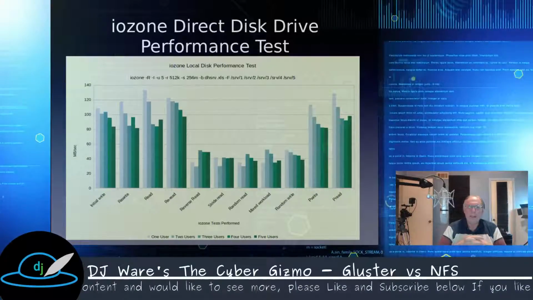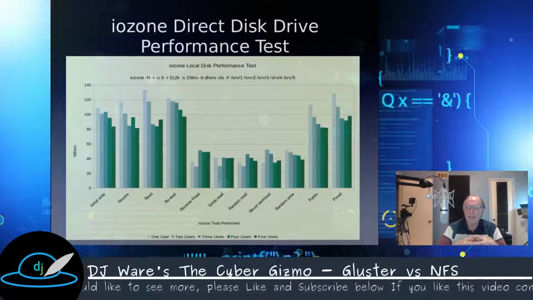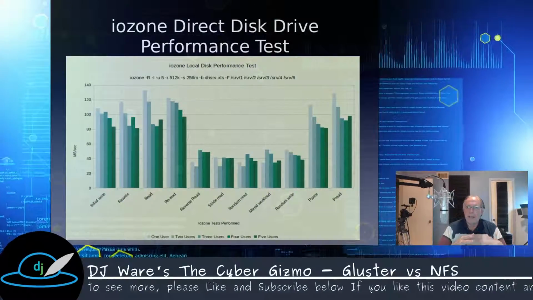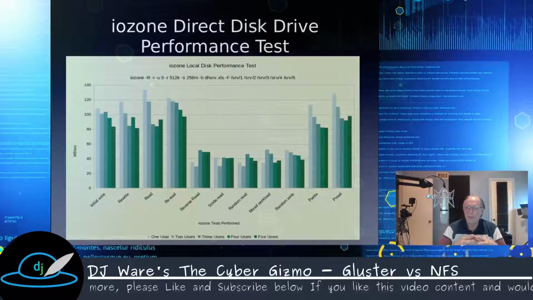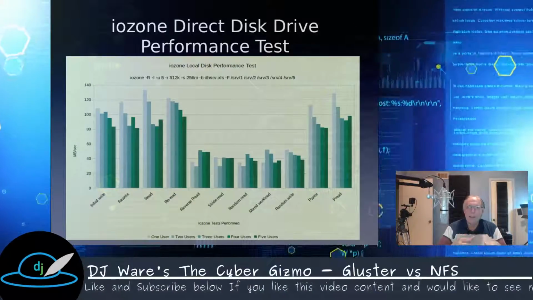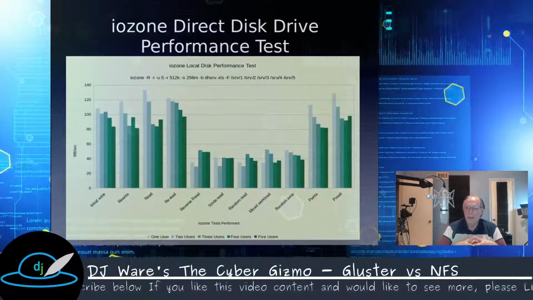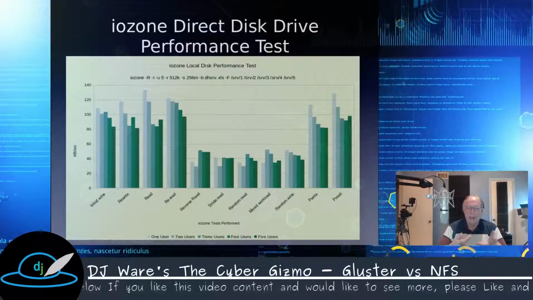So let's take a look at the first performance test. I did this as kind of a control, so we would get an idea when we were looking at the performance what the Odroid is actually able to do if we're conducting an iozone test directly on the hardware. So there is no network involved. There aren't any protocols involved.